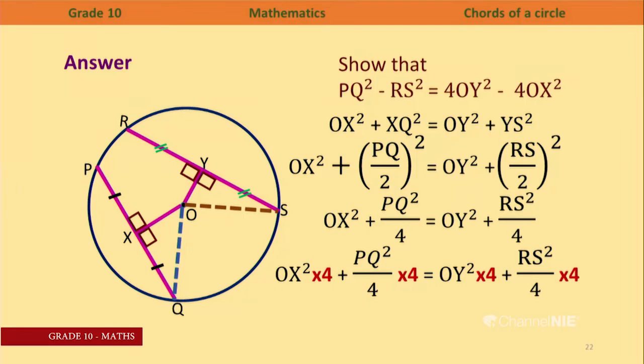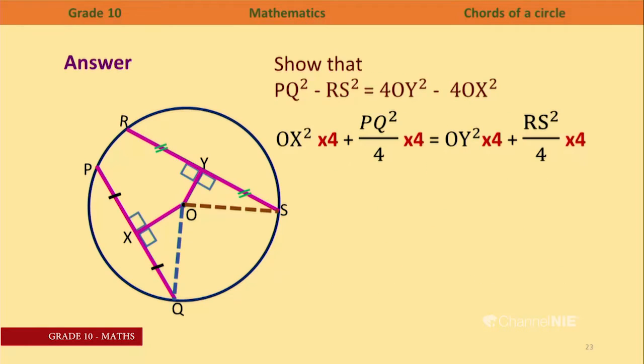Here OX squared is multiplied by 4, PQ squared over 4 is multiplied by 4, OY squared is multiplied by 4, and RS squared over 4 is multiplied by 4. Our target is removing the denominator 4.